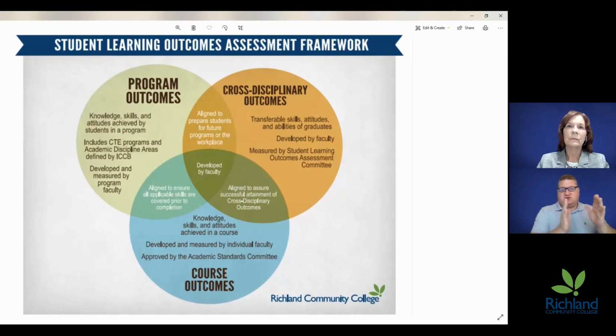Let's use our instructional time effectively to meet the needs that we've laid out, so that when they get to the end, the students have really seen both the breadth, but also the depth of what they need to know and understand. We really want to prepare students, whether they're transferring to a four-year university or going into the workplace, so that they have that knowledge, those skills, that affective domain to be successful.